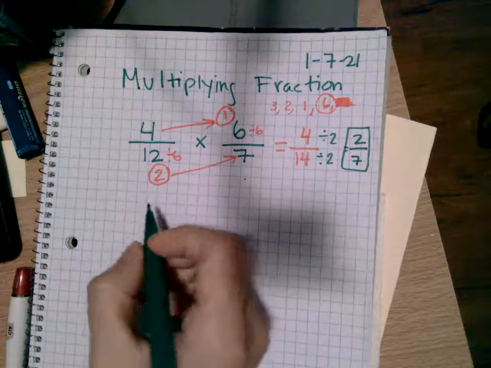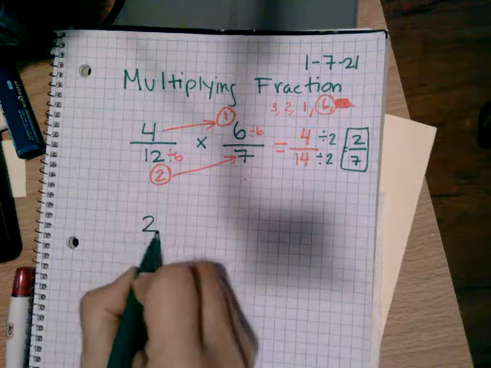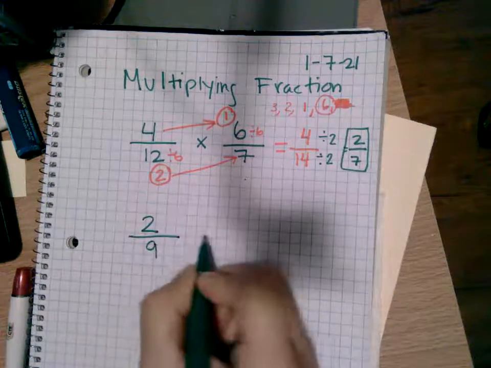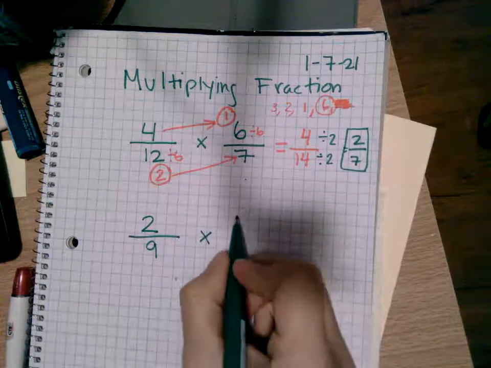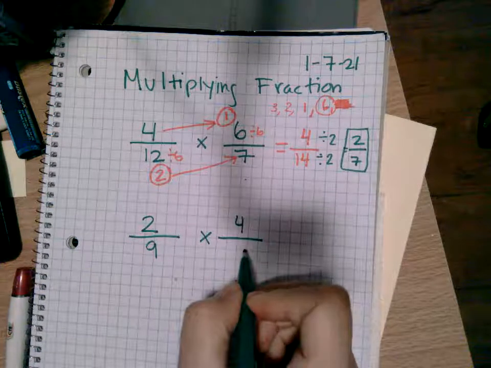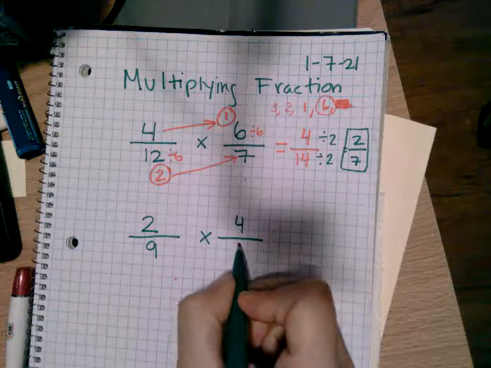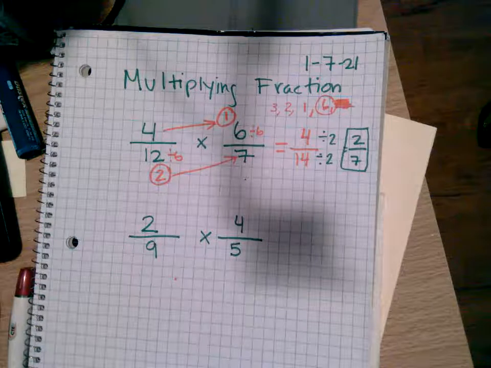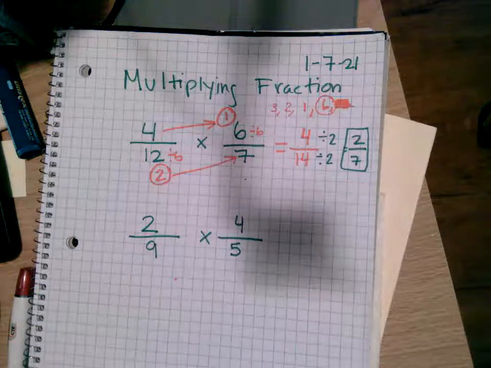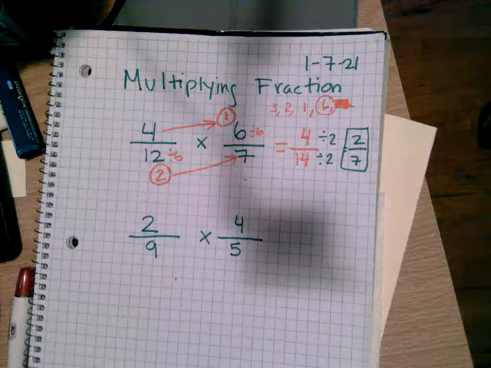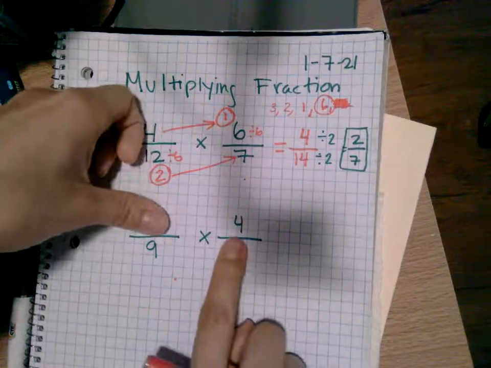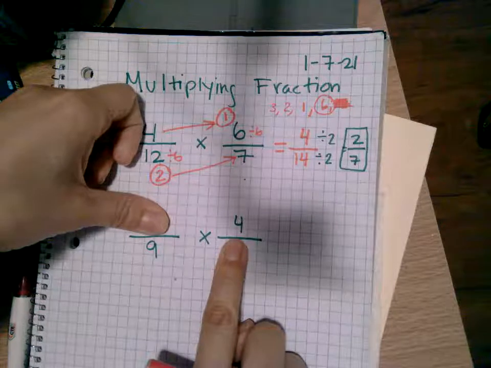So let's try this one. 2 over 9 times 4 over 5. Now, you check the corners. You cover up the opposite corners. 9 and 4.